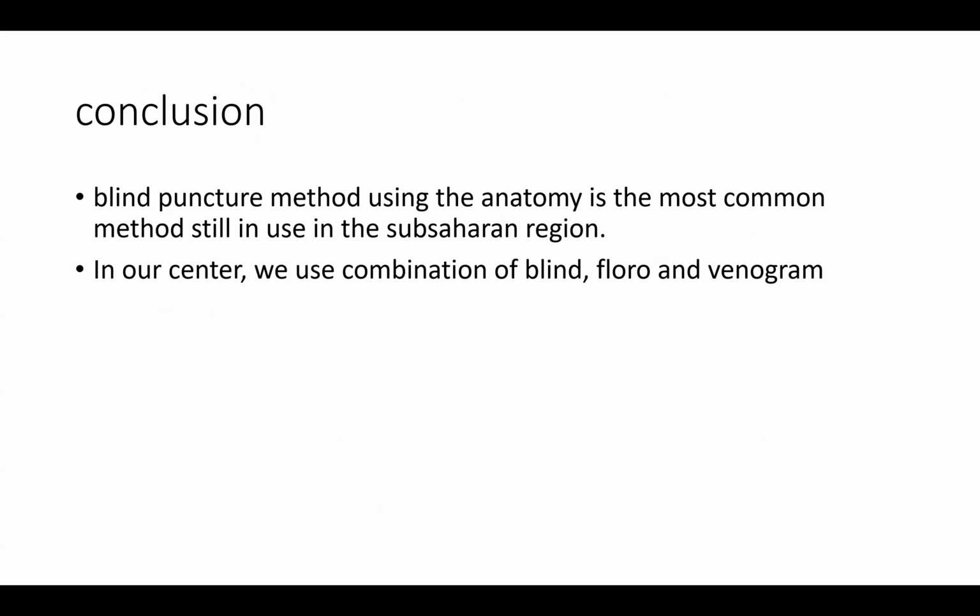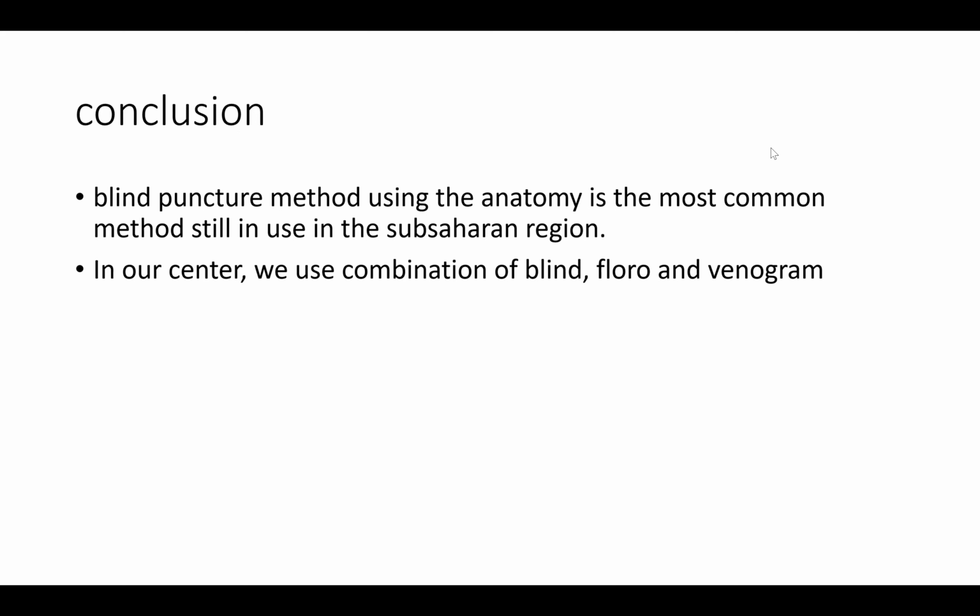So the blind puncture method using the anatomy is the most common method that is still used in sub-Saharan Africa. But we should learn the other methods that are now used in Europe and also in America, especially fluoroscopy and also the venogram method.